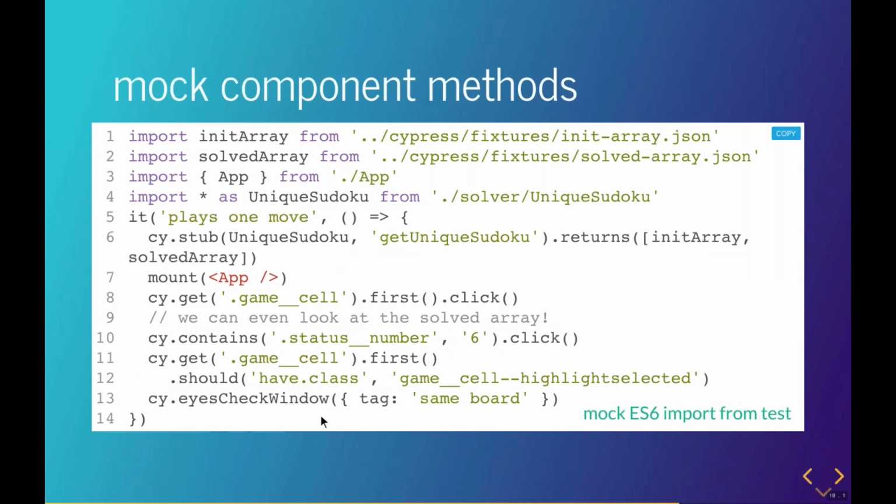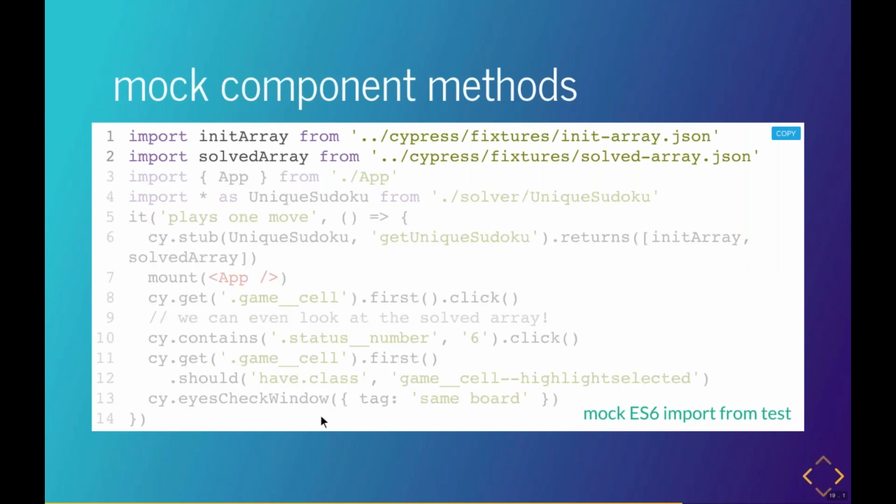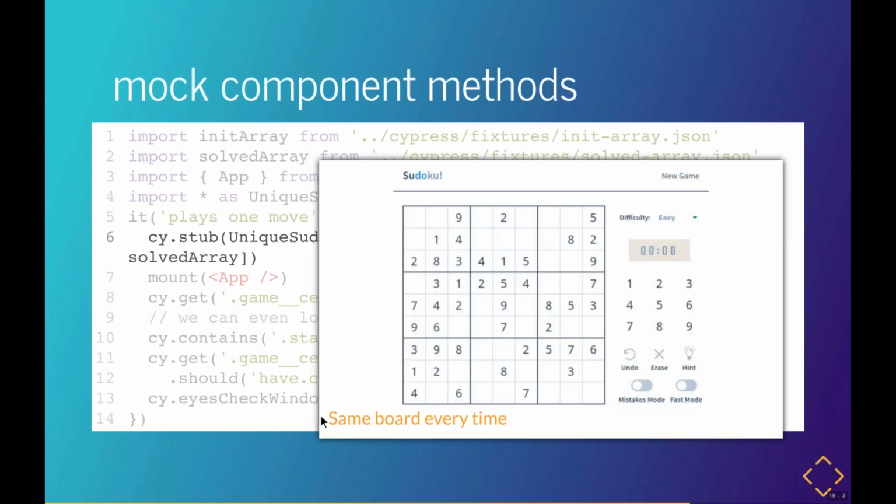And inside the component test, we can do the following. We can import them just like normal JSON imports. Then we can import that module, sudoku, getUniqueSudoku. That's what the game will use later to generate the board. And before we mount our component, we can stub an import, a method on an import. So every time the game now calls getUniqueSudoku, it will get our fixture file, so it will get the same data. Then guess what?